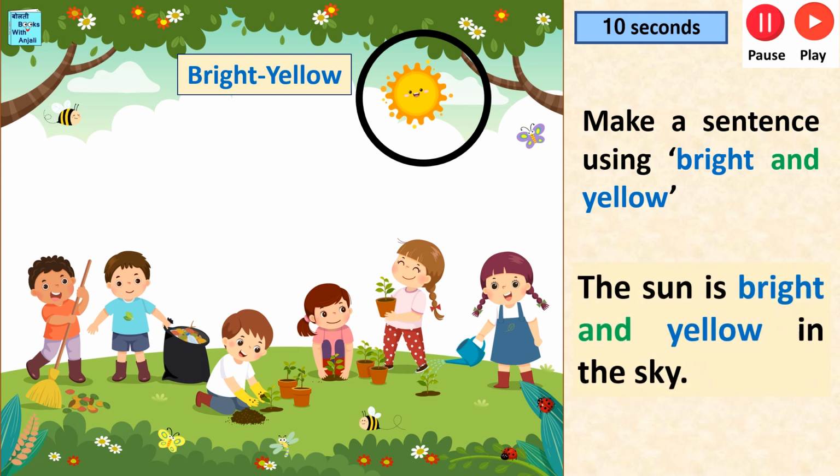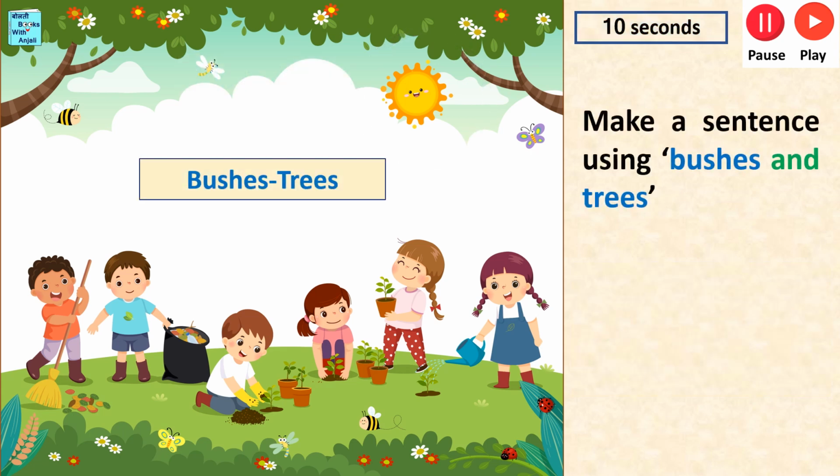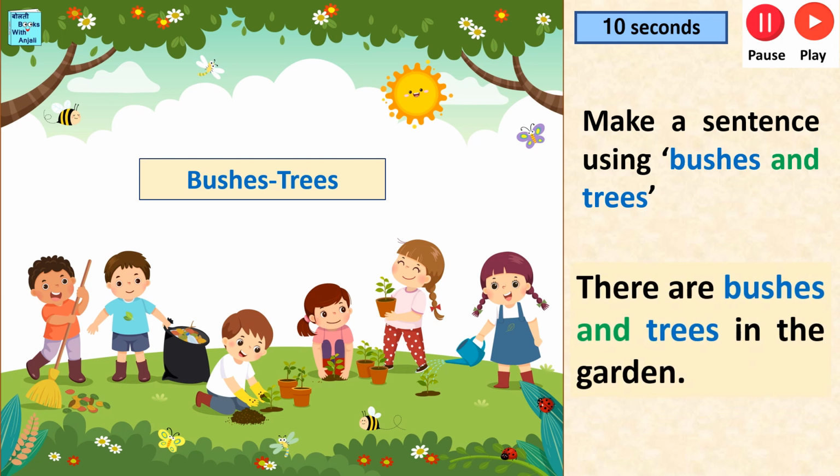The sun is bright and yellow in the sky. Bushes and trees. There are bushes and trees in the garden.